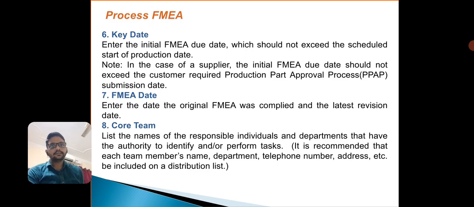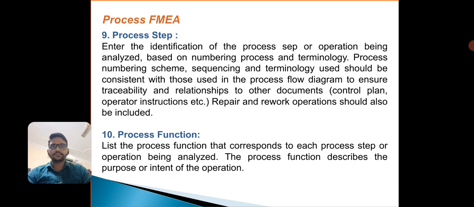Core team: list the names of the responsible individuals and departments that have authority to identify and perform the tasks. It is recommended that each team member's name, department, telephone number and address be included in the distribution list. Next is process step. Enter the identification of the process step or operation being analyzed.